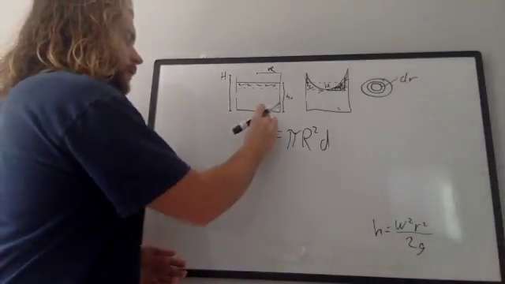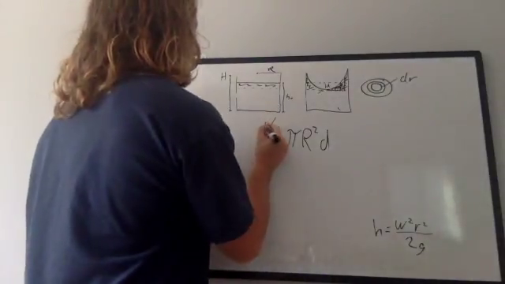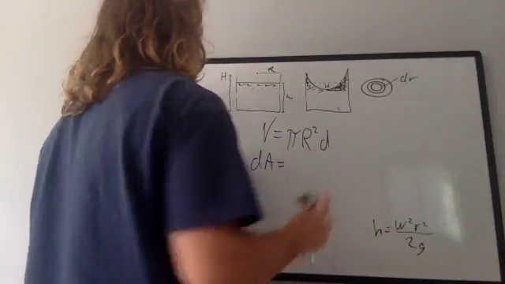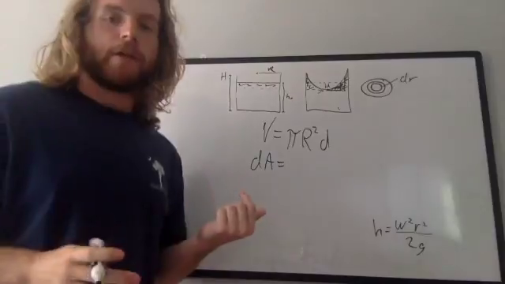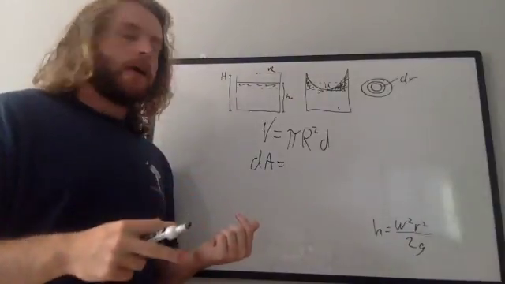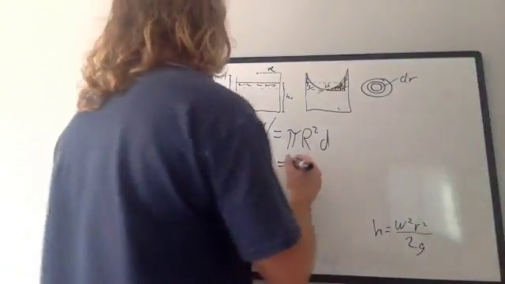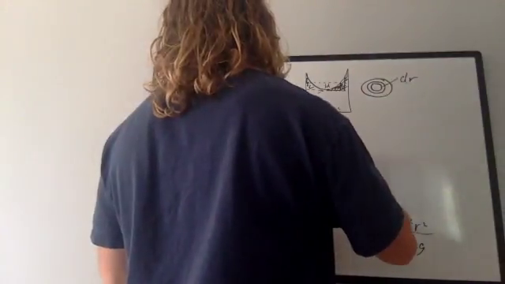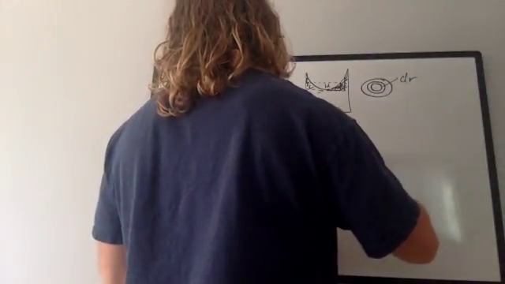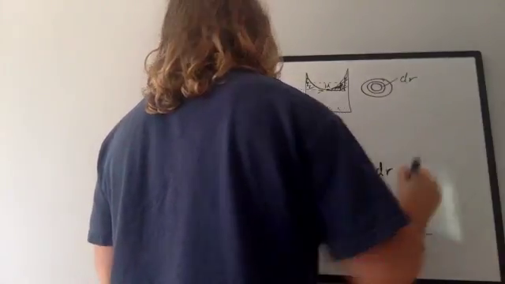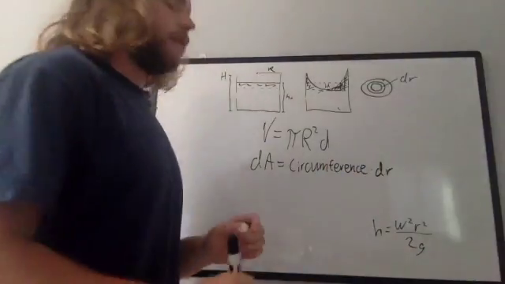And we know that the differential area at a certain radius is pretty much just going to be equal to the circumference at that level times the differential radius, right? So dA is going to be equal to the circumference times a differential radius like we have here.